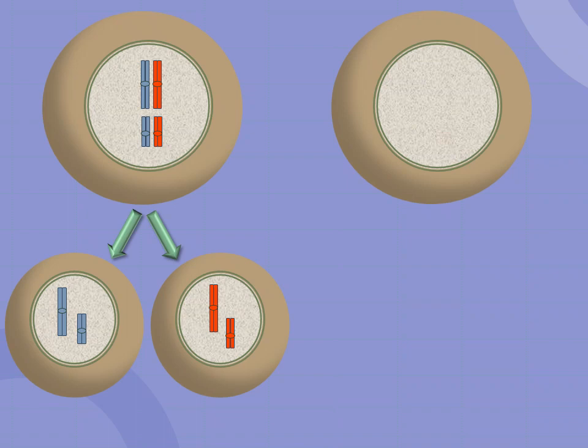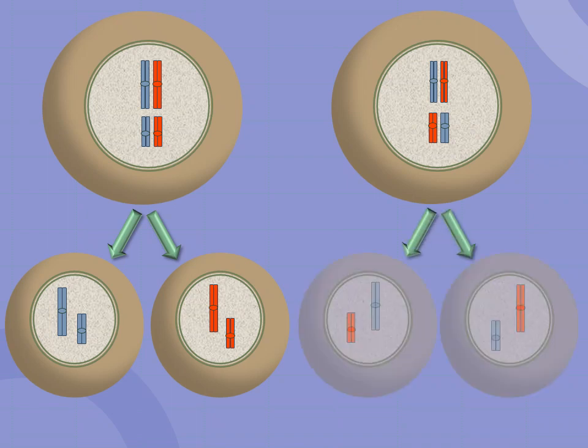But it's equally likely that the long blue chromosome would end up on the same side as the short red one, since the orientation of one pair is independent of the other, resulting in two more chromosome combinations in the daughter cells. Of course, most cells have a lot more than 4 chromosomes, and the more chromosomes you have, the more possible combinations you can produce through independent assortment.